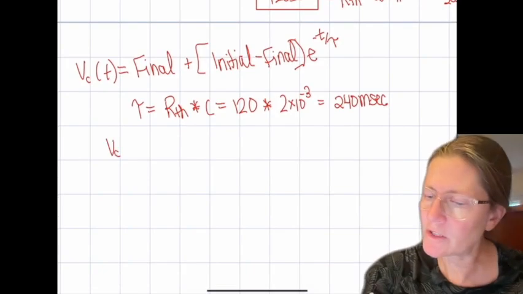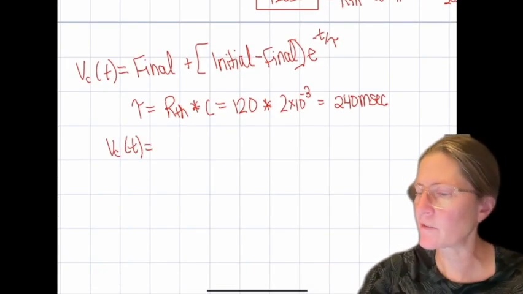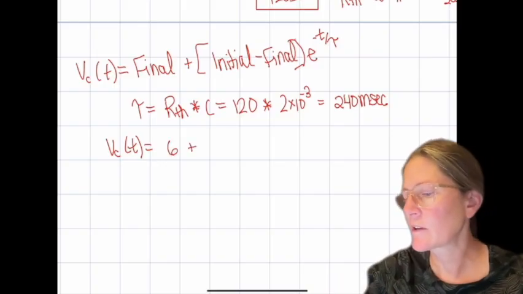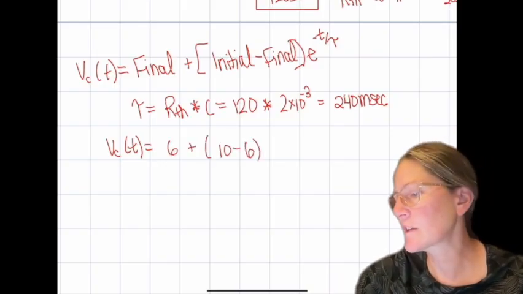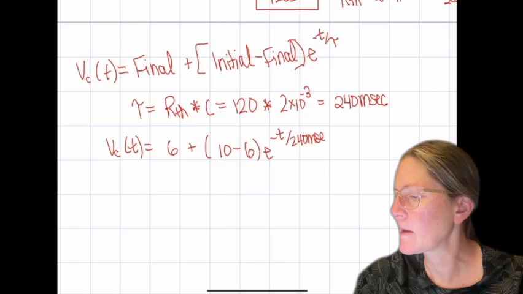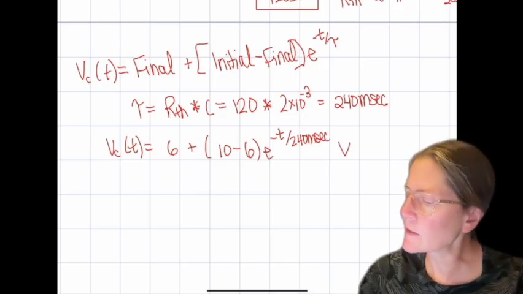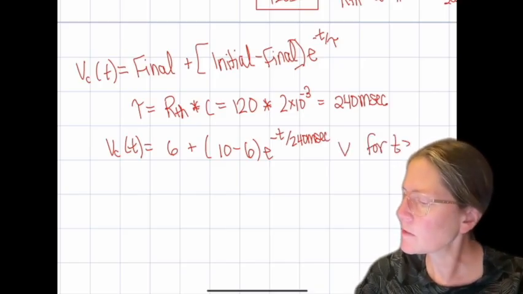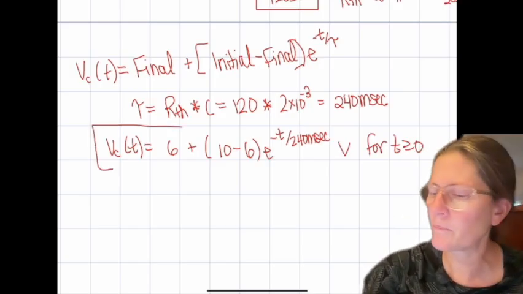So VC of t equals the final value, which was 6, plus 10 minus 6 e to the minus t over this 240 milliseconds, in volts. And again, this is for t greater than or equal to 0.